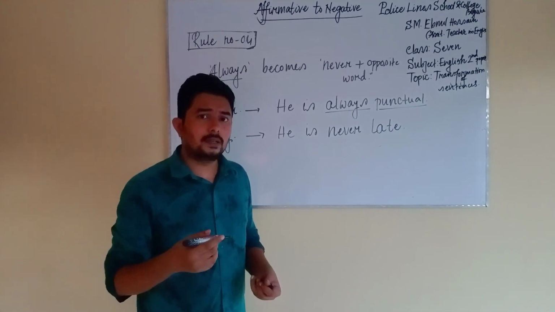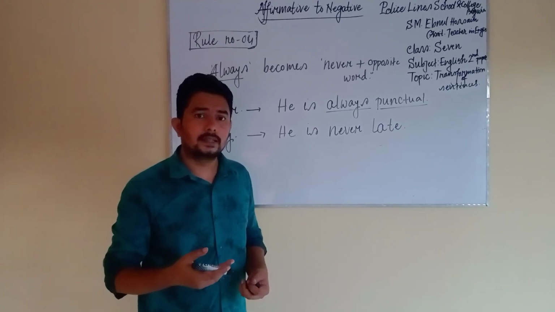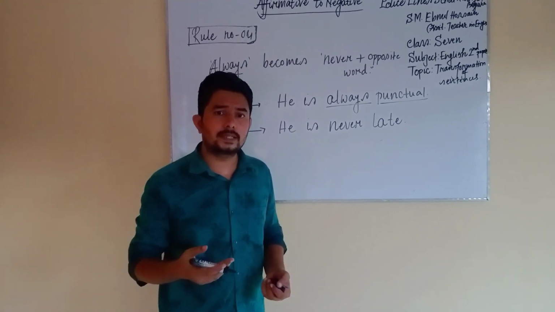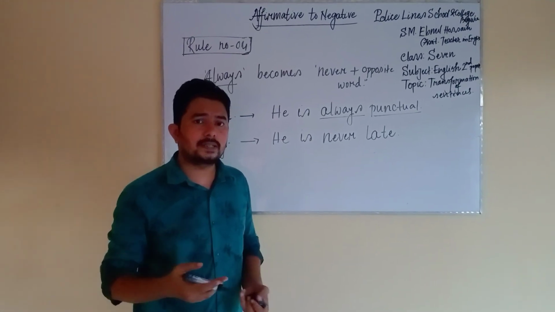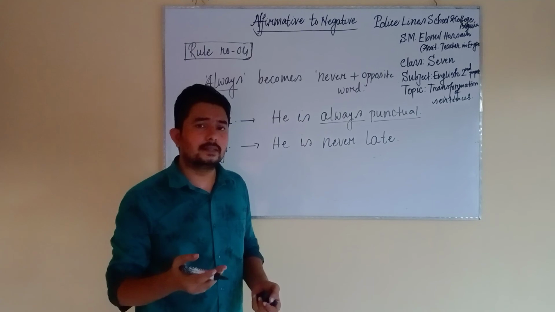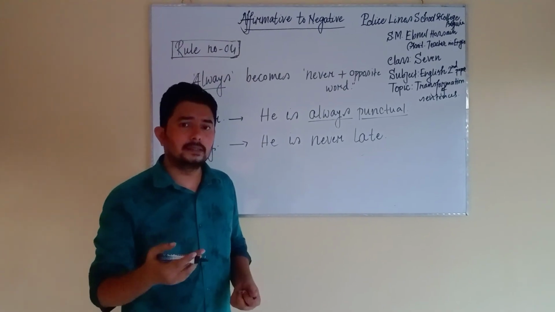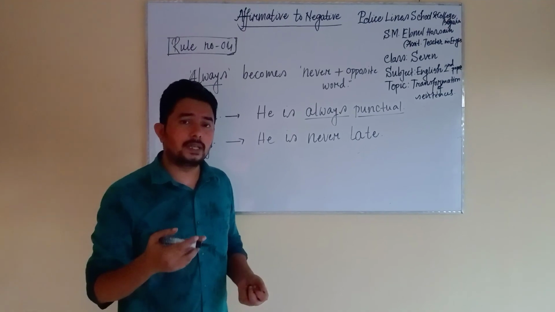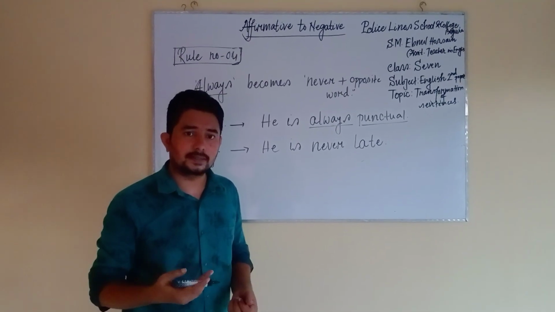So we will discuss some more rules in the next class, and I hope this class will be helpful for you, and it is expected that you practice these rules again and again, and after practicing you will see that you will have a great hold on the transformation of sentences.